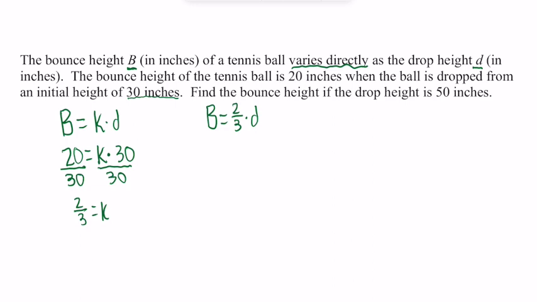So we plug in 50 for the drop height d, and we have b equals 2/3 times 50. This gives us 100 divided by 3, which rounded off to 1 decimal place would be about 33.3. And our units that were given in this problem are inches.